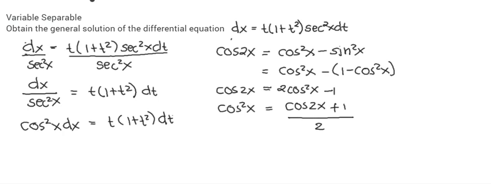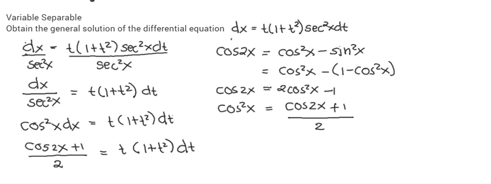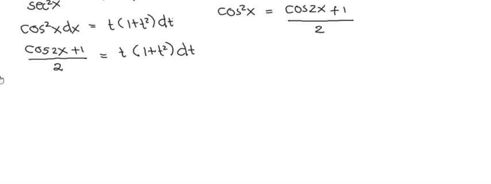So cosine squared x dx is the same as cosine 2x plus 1 over 2 dx, which equals t times 1 plus t squared dt. After that we can now apply integration, integrating both sides.